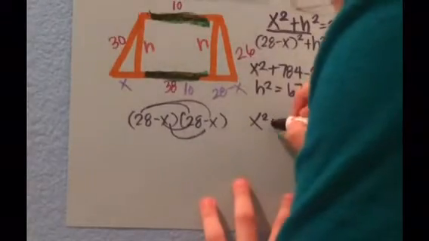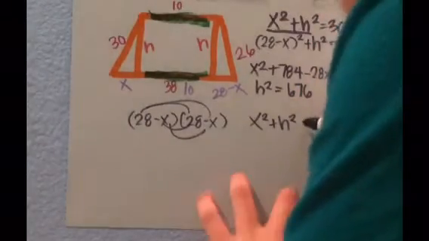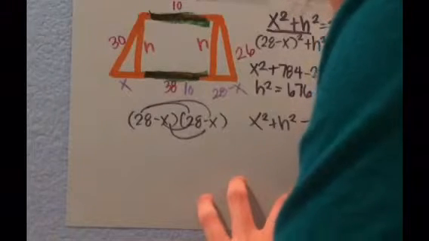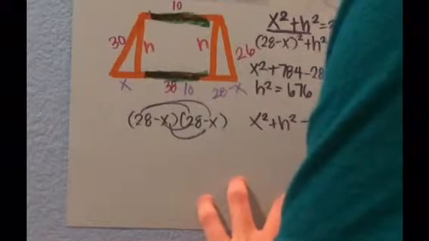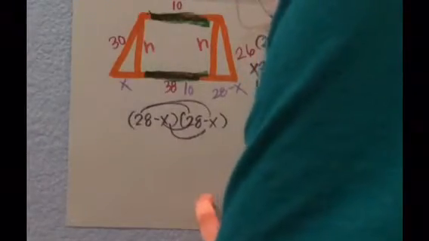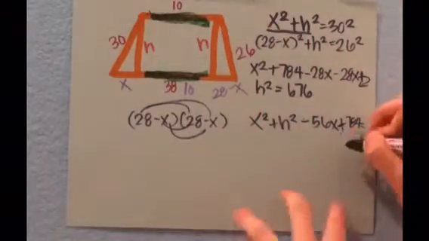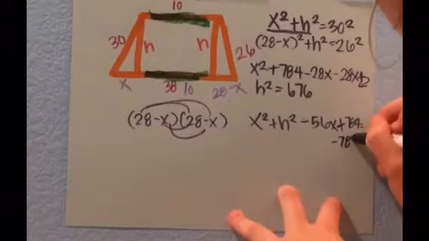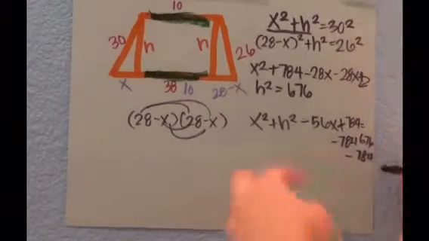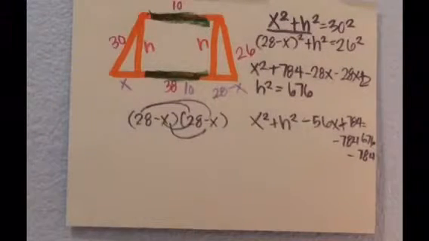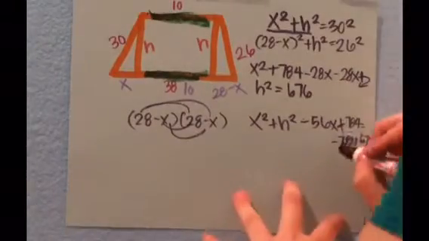So plus h squared minus 56x plus 784 gives us 676. So now we need to minus 784 over here. So 676 minus 784 gives us negative 108.